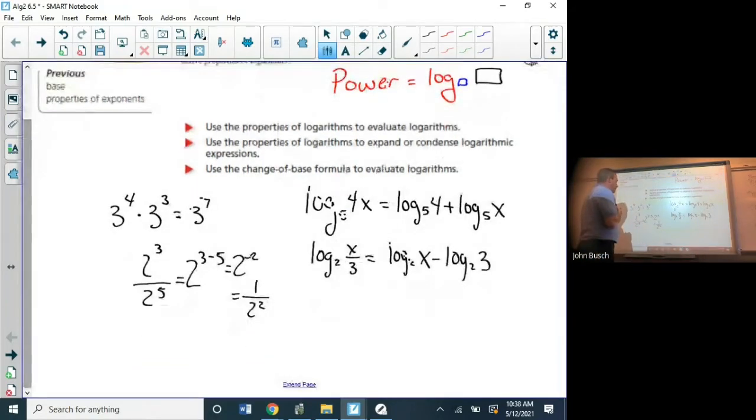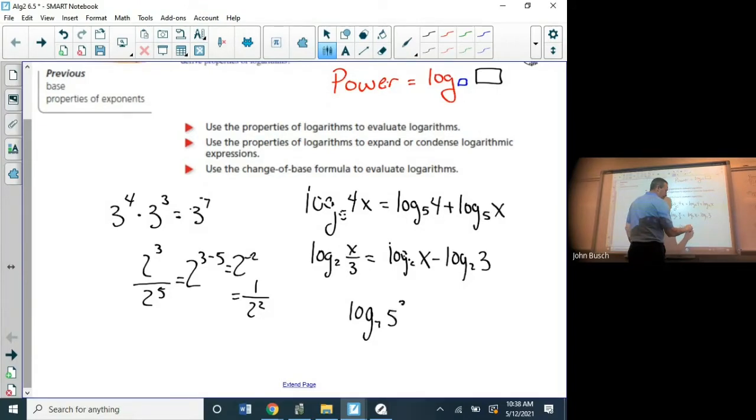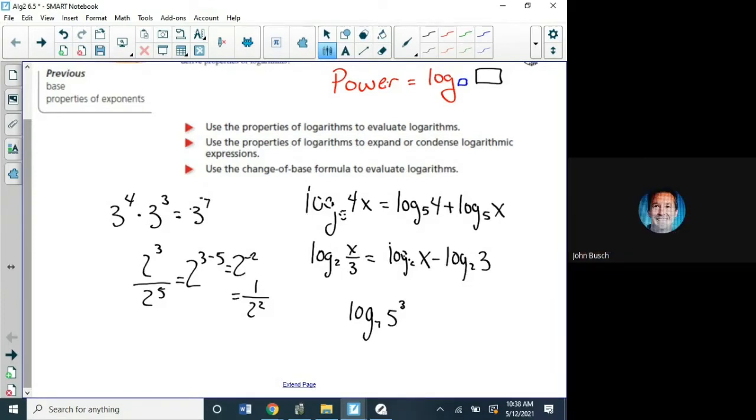Also, there's one more thing. If you've got a log, any base, 7 of 5 to the 3rd power. Okay? Since when you have a power of a power, you multiply the powers.